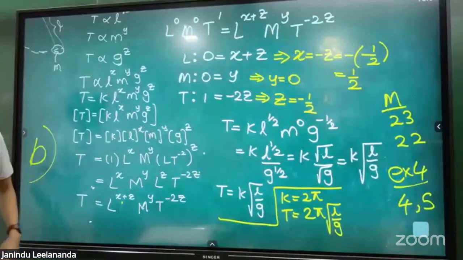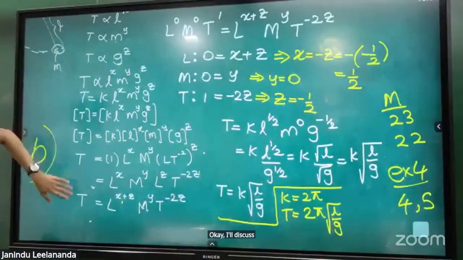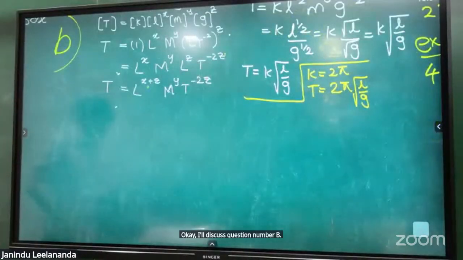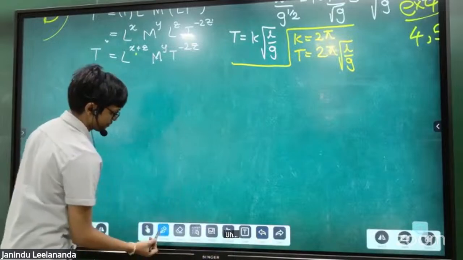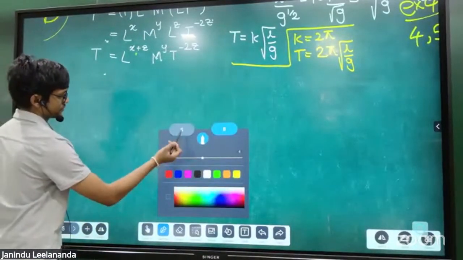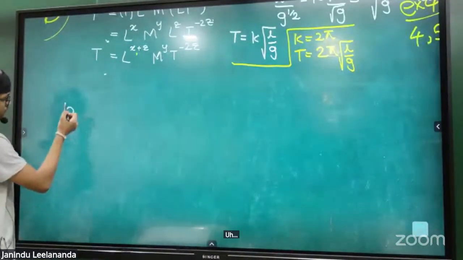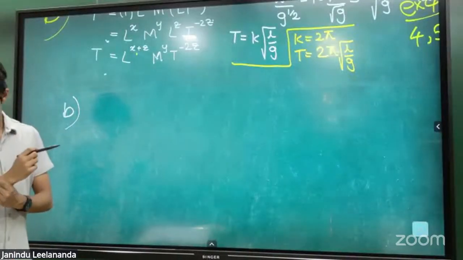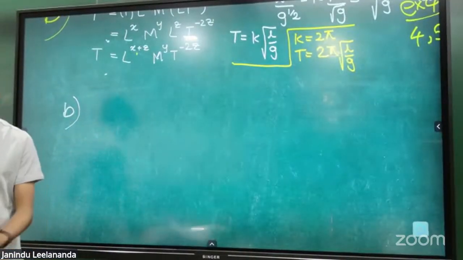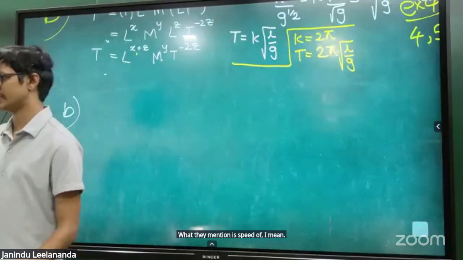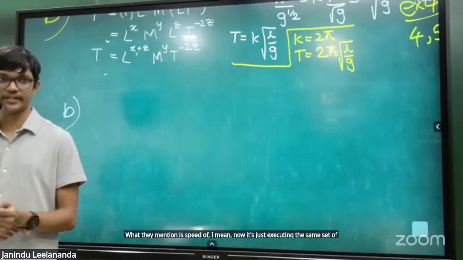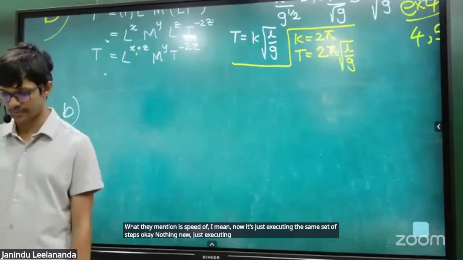Okay. I'll discuss question number B. What they mention is the speed of a transverse wave. Now it's just executing the same set of steps, okay? Nothing new, just executing the same series of steps.